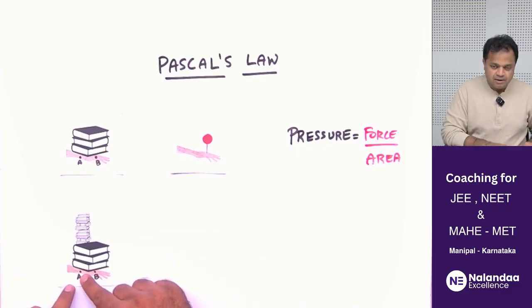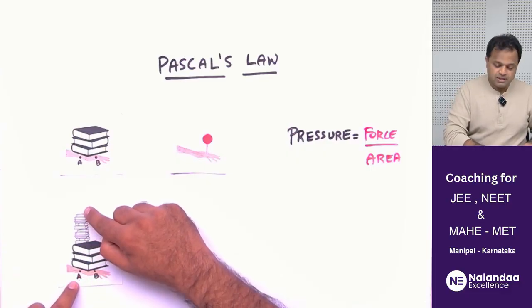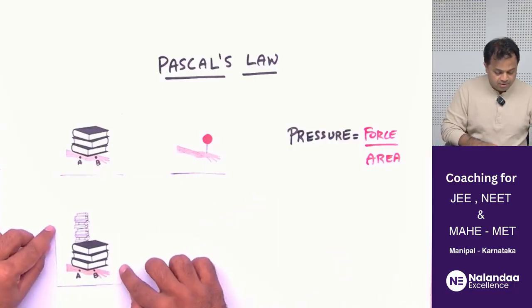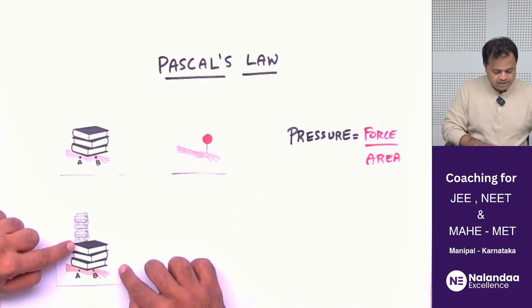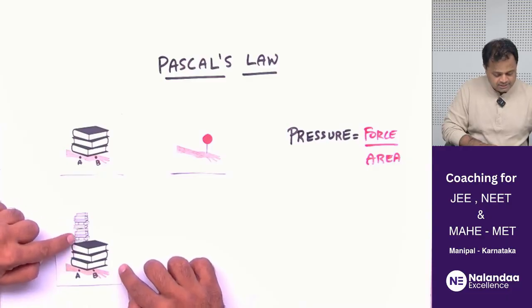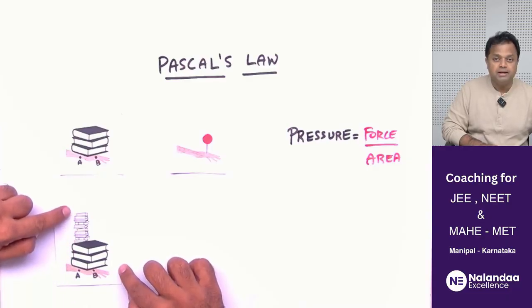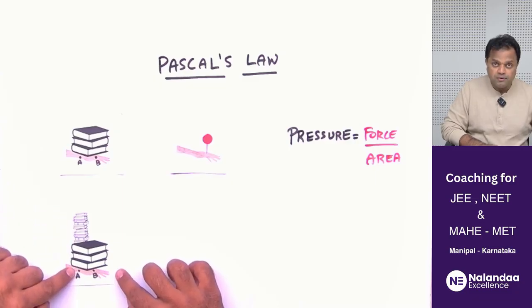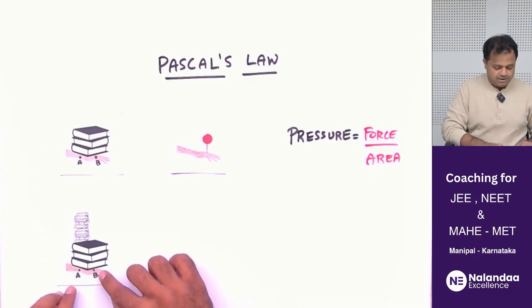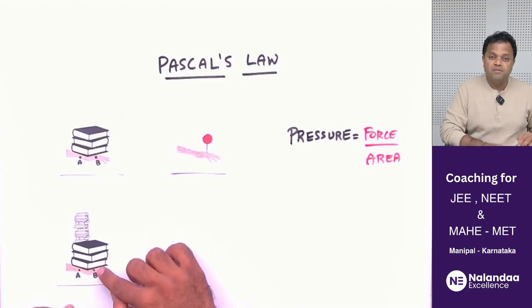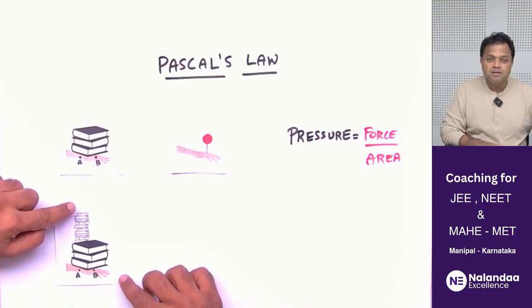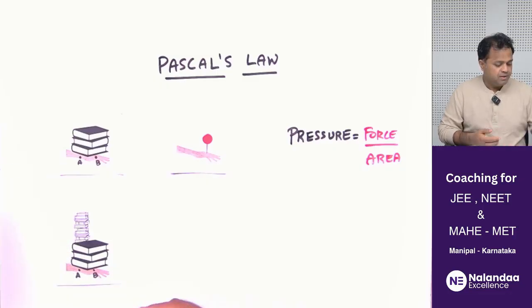You will realize that point A in your hand is going to have a greater increase in the pressure compared to point B. Why? Because as you can see, these smaller books are stacked exactly above this point A in your hand, right? So point A would feel a higher increase in the pressure and point B would not feel much of an increase because of the way in which it is stacked.